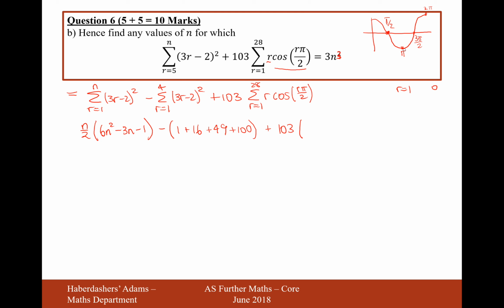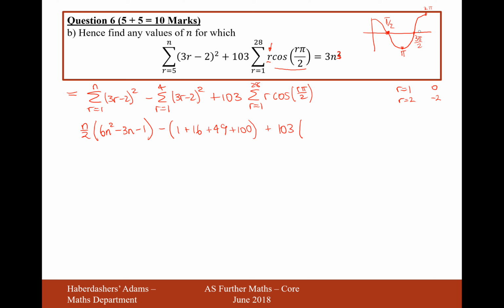When r is equal to 2, it's going to be 2 pi over 2, so that's going to be pi, so that's going to be a minus 1 on the output, but we also have to substitute in the 2 here, so it's going to be 2 times minus 1, so when r equals 2, the output is minus 2. When r equals 3, it's going to be 0 again, and in fact that's going to happen for all the odd numbers in this little sequence here.